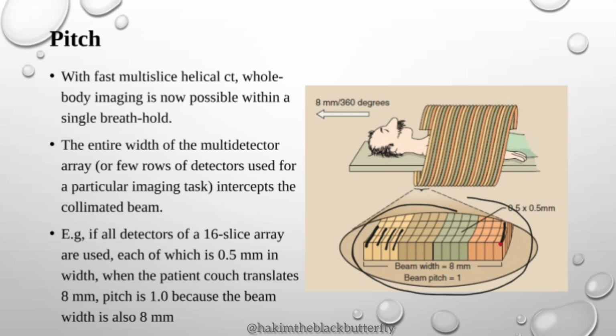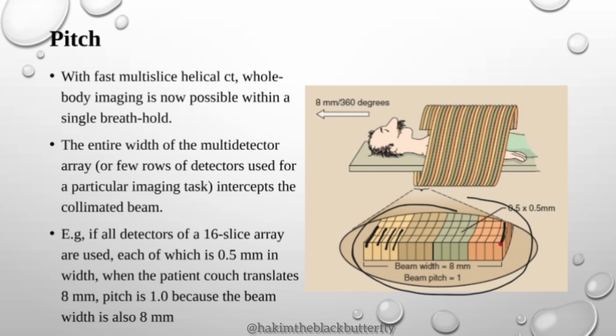Okay. So if it is a 256 slice CT, in just a single rotation you can have all the slices of the heart, because the size of that detector is comparable to the size of the heart.